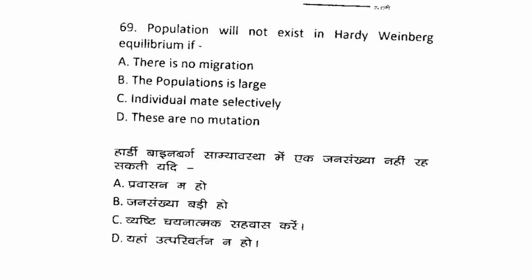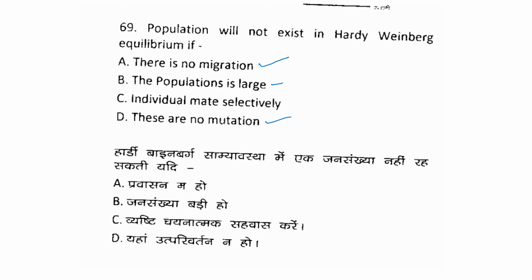Now the next question is: population will not exist in Hardy-Weinberg equilibrium if... Hardy-Weinberg has given this population equilibrium. According to this, the population should be large, there should be no mutation, no migration, and the mating should be random.